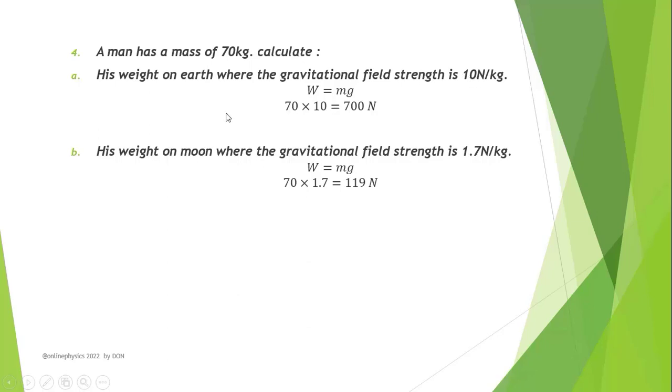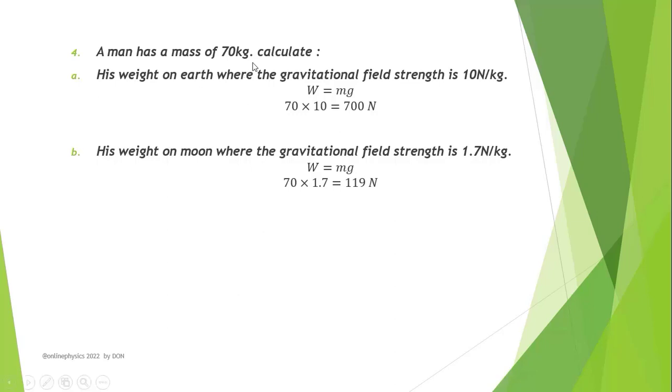So the same formula, W is equal to mg. Substituting in the formula, we have 70 times 10 to give us 700 newtons. Then part B, we have his weight on the moon where the gravitational field strength is 1.7 newtons per kilogram.